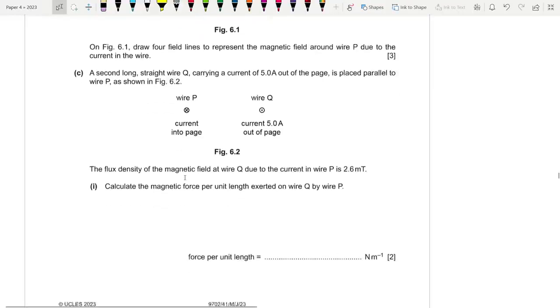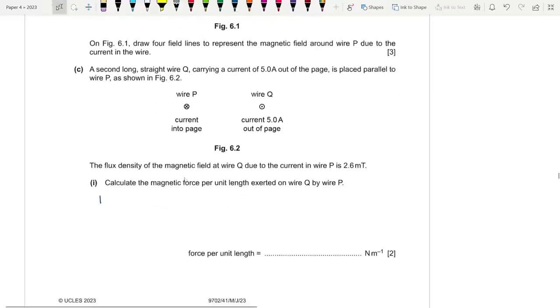So we are trying to find the force on wire Q, FQ. We will be using the current in Q, but the field of P, exerted on, this is the keyword, by wire P. Let's write down the formula first in general.